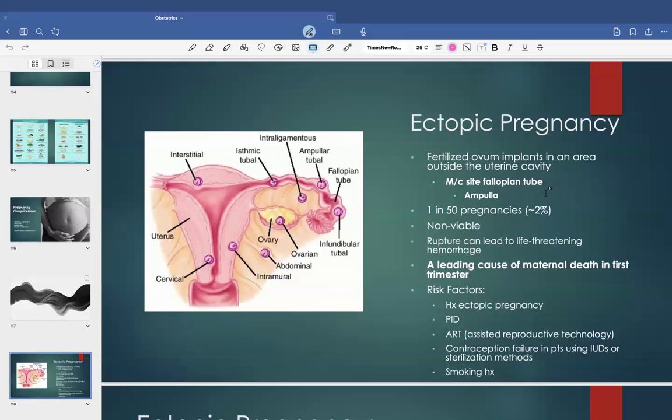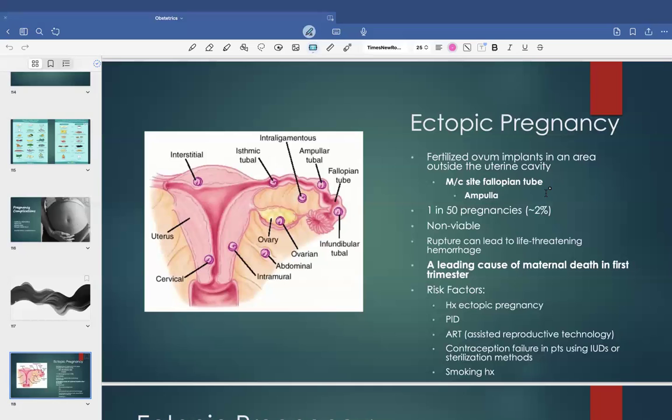We just talked about assisted reproductive technology, in vitro. Contraception failure in patients using IUDs or sterilization methods can cause an increased risk, as well as a smoking history. Advanced maternal age and multiple sex partners can all put you at risk.